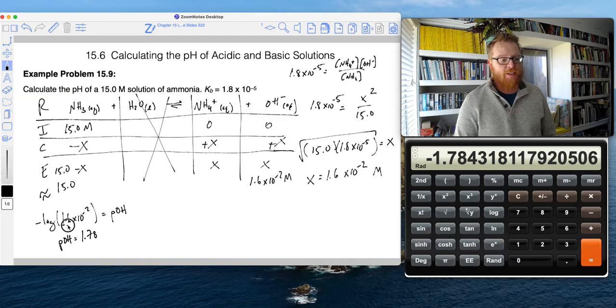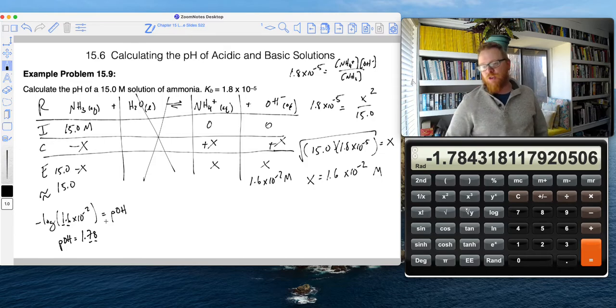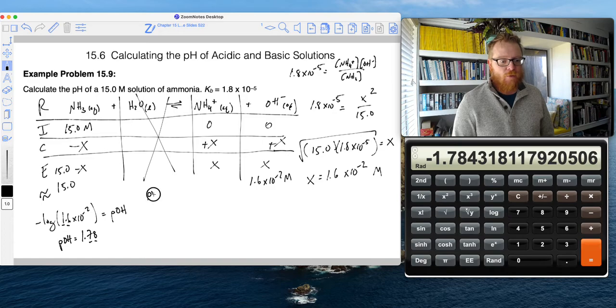Remember, 2 significant digits in the log means 2 decimal places. I prefer the calculation where I subtract that number from 14 to make this easier. I'll write all of that out just to make sure that we're clear. pH plus pOH equals 14.0, which means pH equals 14.0 minus pOH.